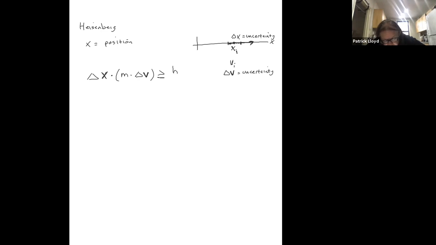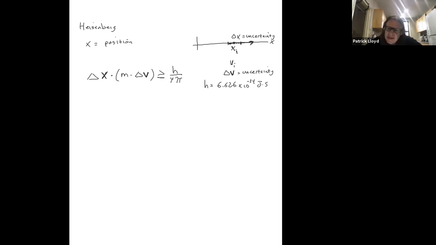I won't go through where the 4 pi comes from, but you do recognize h, right? H is Planck's constant. Okay, 4 pi is in there as well.